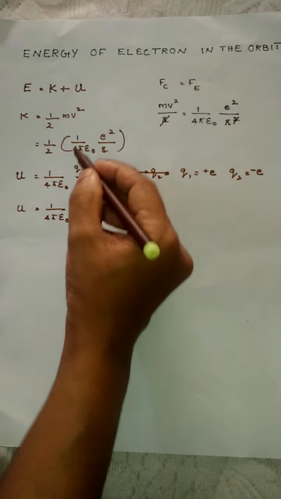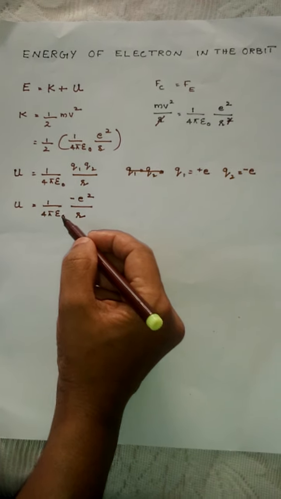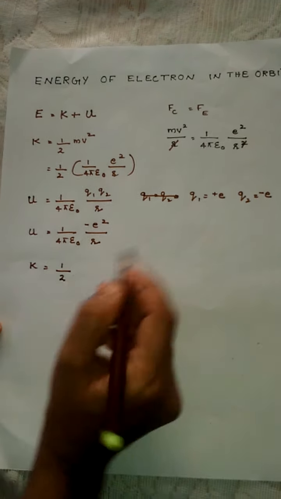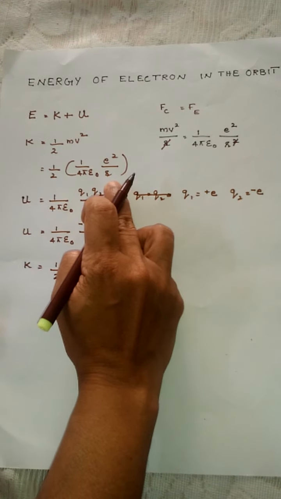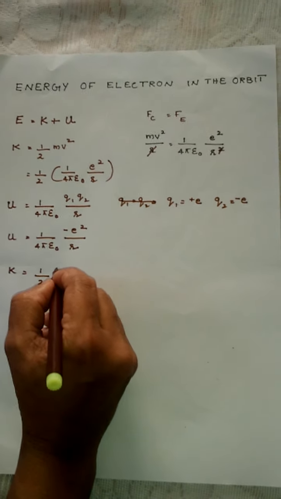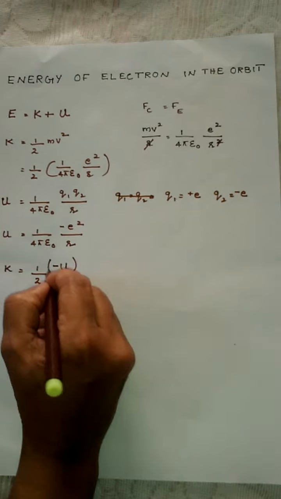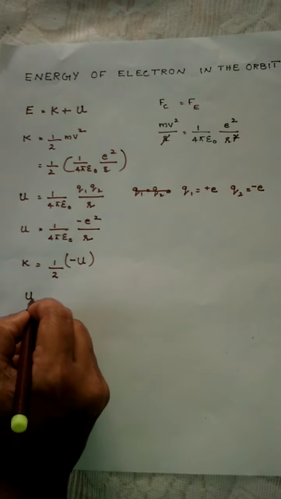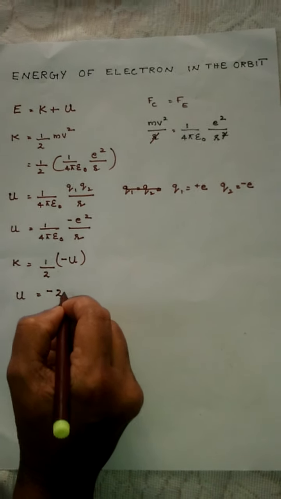Let us find the relation between kinetic energy and potential energy. K is equal to half into the negative of potential energy, minus U. Or we can write U is equal to minus 2K.